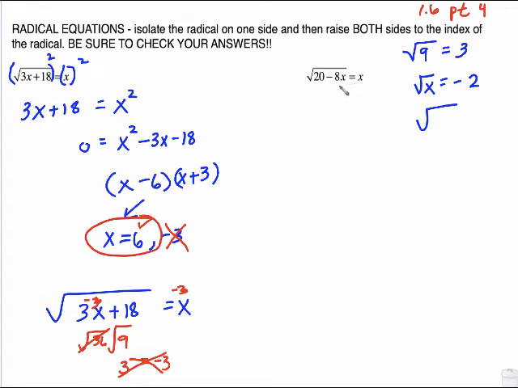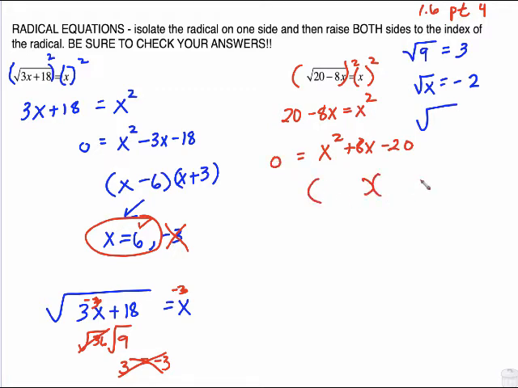Very similar problem over here. This is the square root. We're going to square both sides to undo that square root. The square root of 20 minus 8x squared is 20 minus 8x equals x squared. Like the last one, I want to bring these terms over to this side because I want to keep the x squared positive. So this is x squared plus 8x minus 20 equals 0.